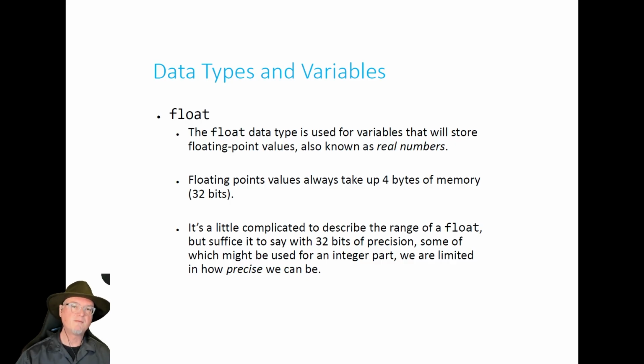Why not? Because the magnitude of values for float is defined by the precision that you need. So the floating point value takes up 4 bytes of memory, 32 bits of precision, but really we use these when we want a lot of precision.